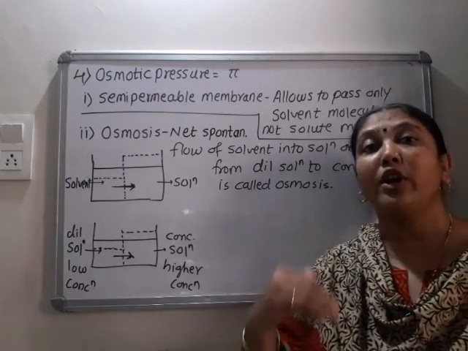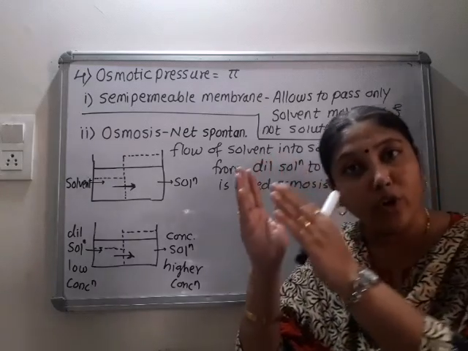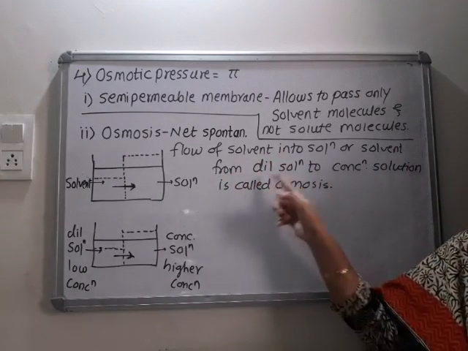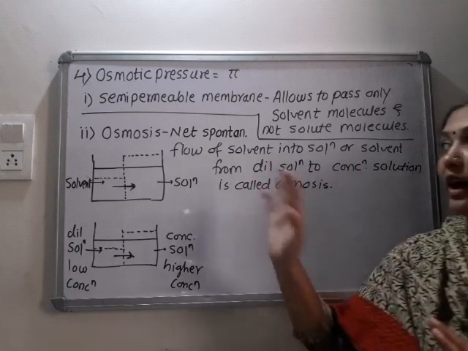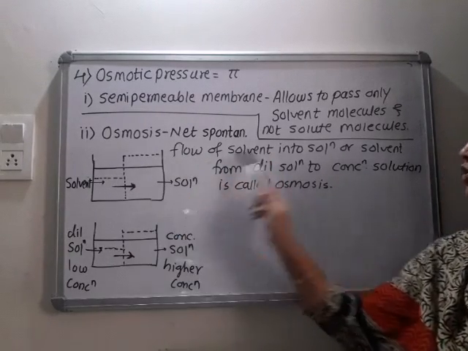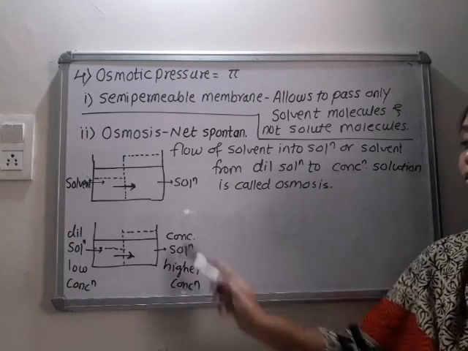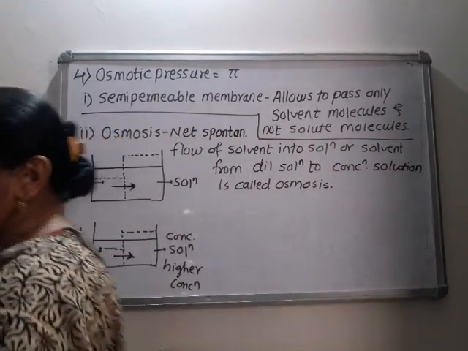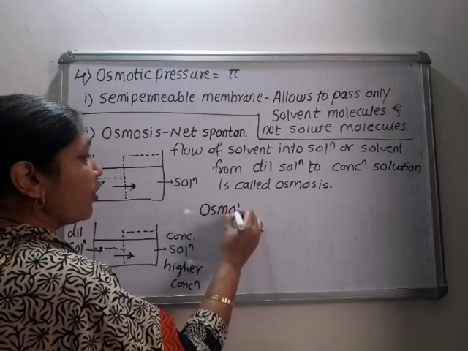Osmosis is net spontaneous flow of solvent into solution, or solvent from dilute solution to concentrated solution. Now we will discuss the next term, that is osmotic pressure.